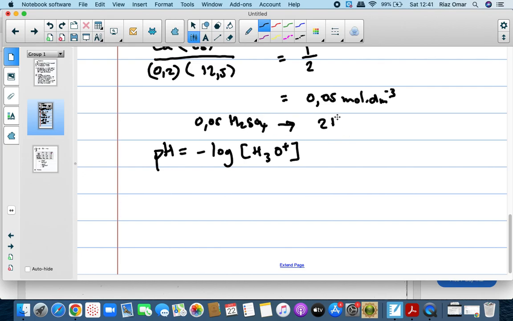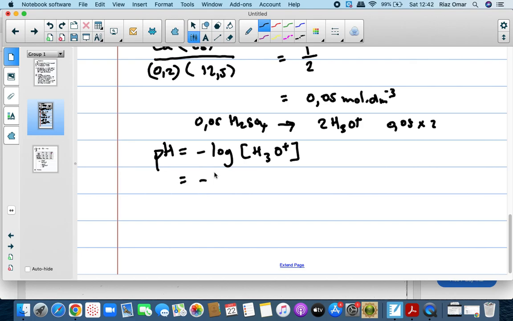We get 2 H3O plus that are forming because it's a diprotic acid. Therefore, 0.05 multiplied by 2 will give you the concentration of H3O plus.